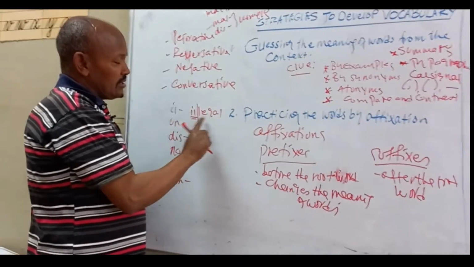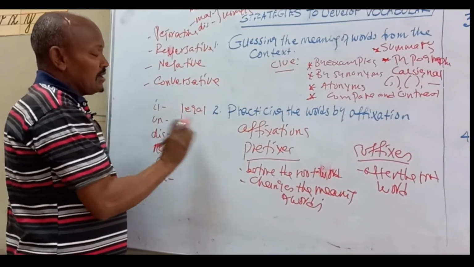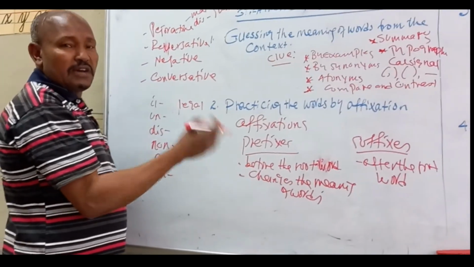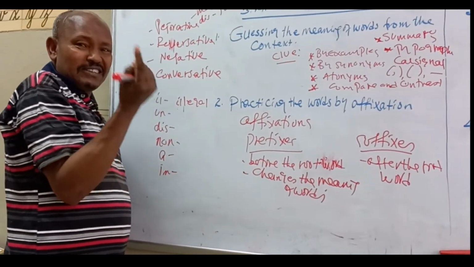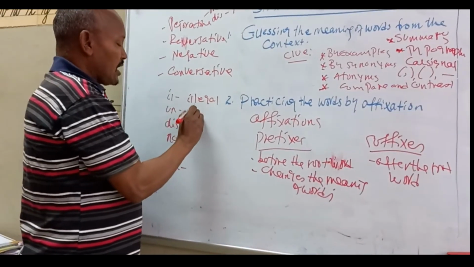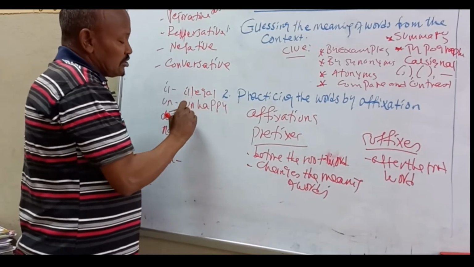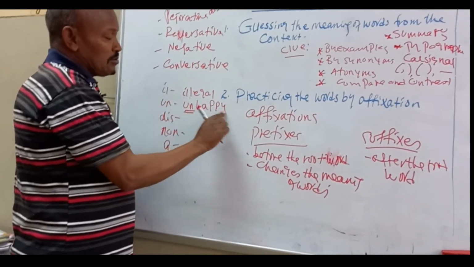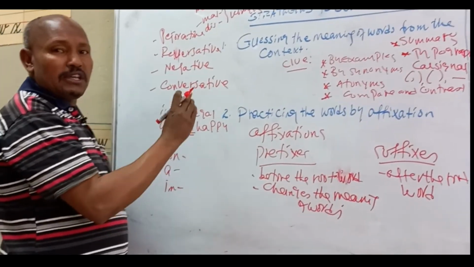What is the root word? Legal. What is the prefix? Il. Legal means governed by law; illegal is the opposite, not governed by law, right? And the other, un plus happy, is unhappy. If you take out the prefix, the positive meaning is happy; unhappy means not happy. So we can find the meaning this way.